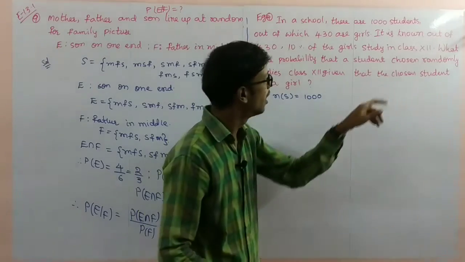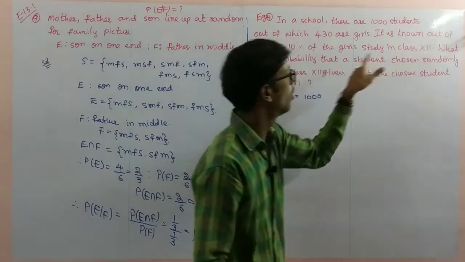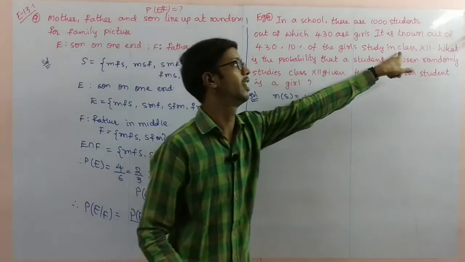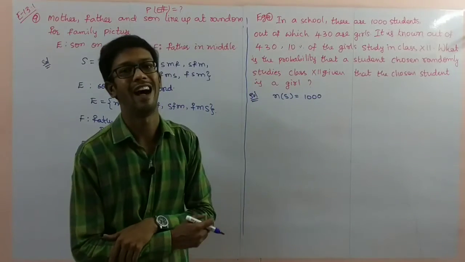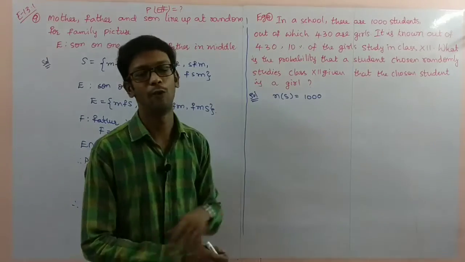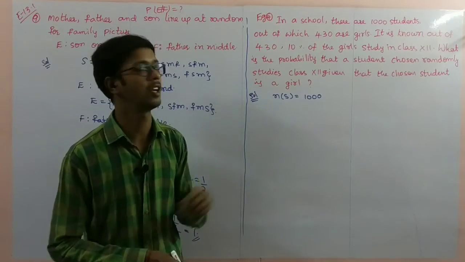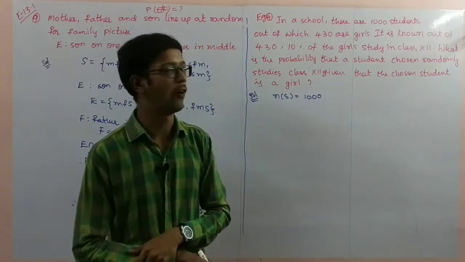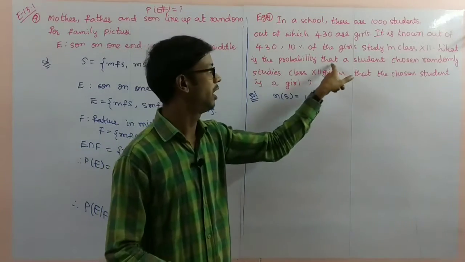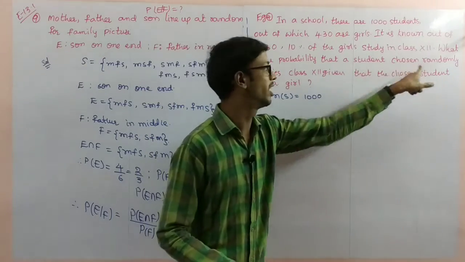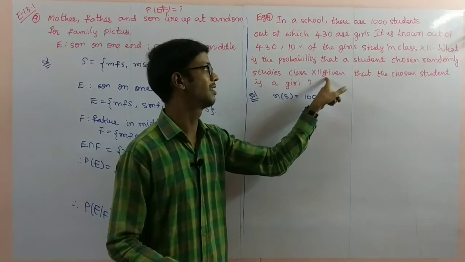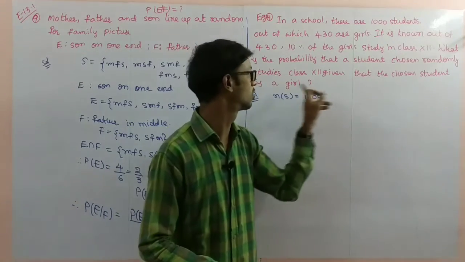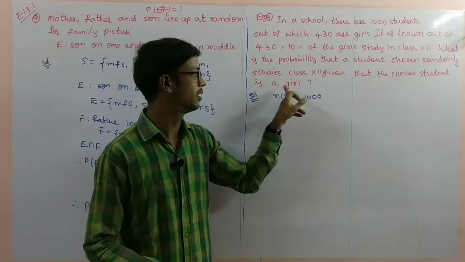Out of 430, 10% of girls studied in class 12. 10% of 430 means 43 students studying in class 12. What is the probability that a student chosen randomly studies class 12, given that the student chosen is a girl?